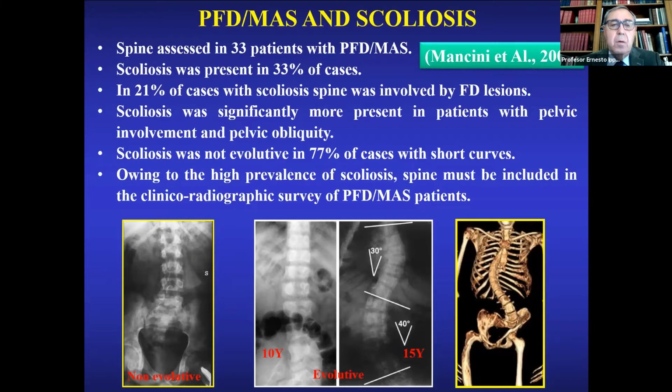Scoliosis was significantly more present in patients with pelvic involvement and pelvic obliquity. Fortunately, scoliosis was not evolutive in 77% of cases with short curves, but owing to the high prevalence of scoliosis, we believe that spine must be included in the clinical radiographic survey of PFD McCune-Albright syndrome patients.